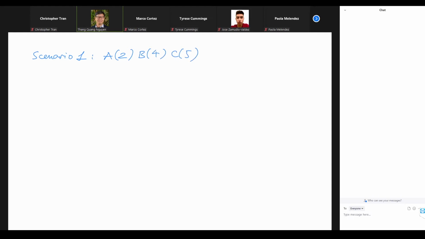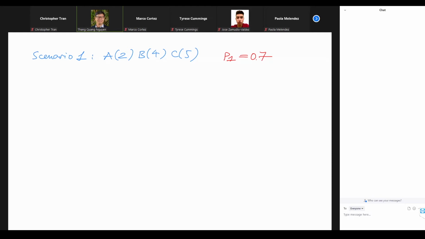And this will happen with the probability P1, 0.7. The probability is important because it tells us we can quantify the uncertainty of the project. So in the first scenario, how long does it take to complete the project?